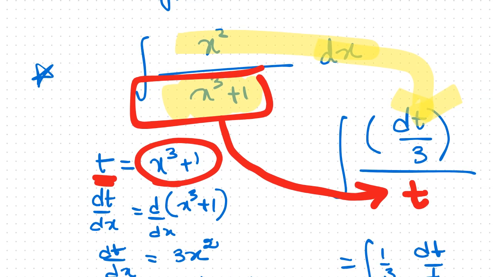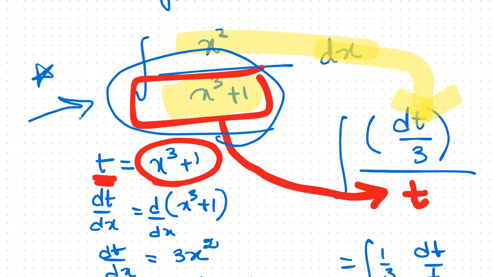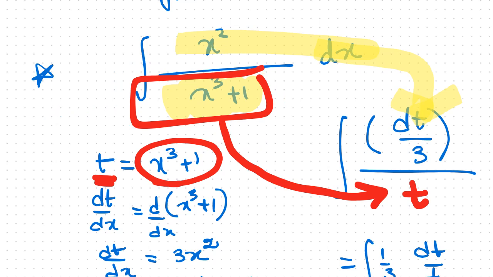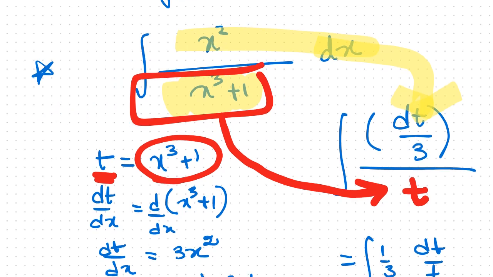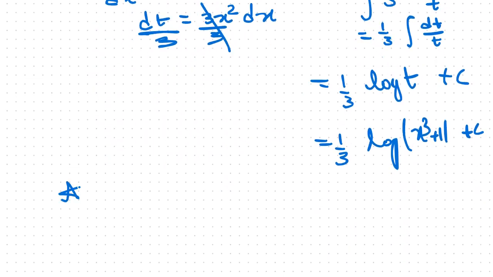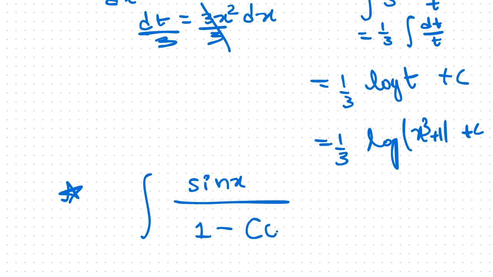That is why recognizing this pattern matters: x cube, x square, they are like derivatives. This is the simplest one of them all. Questions can be more complicated when they involve trigonometry, sin x, cos x. Let's say they give this, like this.